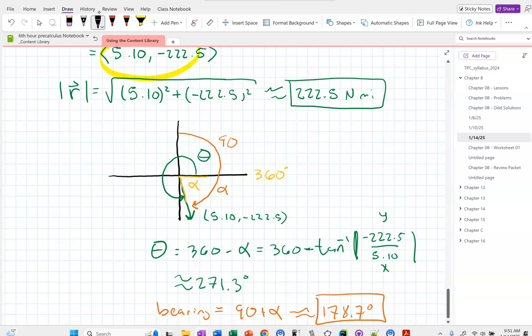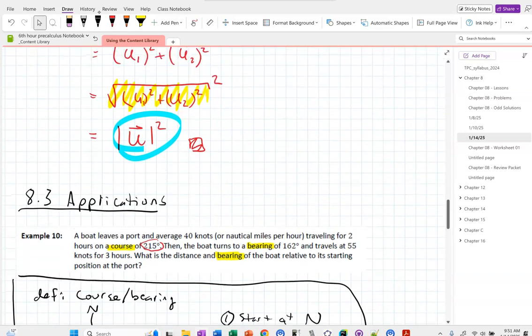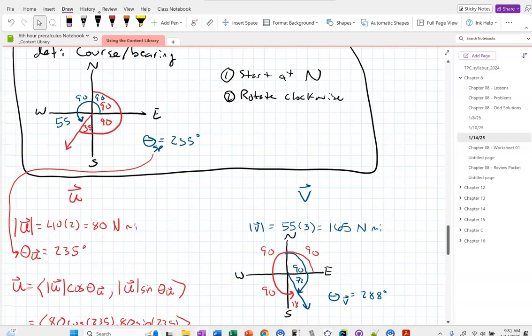Okay. Now, again, that's a lot of stuff to do. But the individual steps themselves are not bad, right? I start by converting my information to a magnitude and direction, convert that into component form, add the two vectors, calculate the magnitude for that vector sum, and then the direction or bearing, depending on what the question is asking for, from that vector sum.